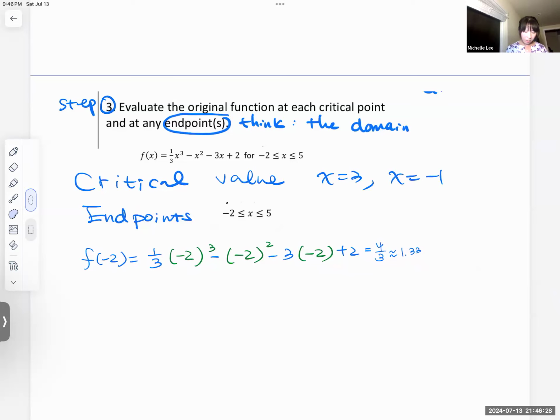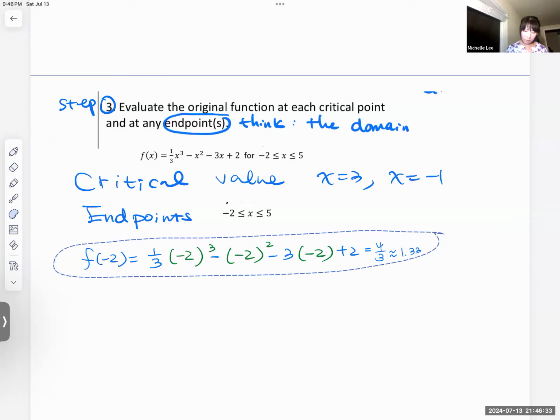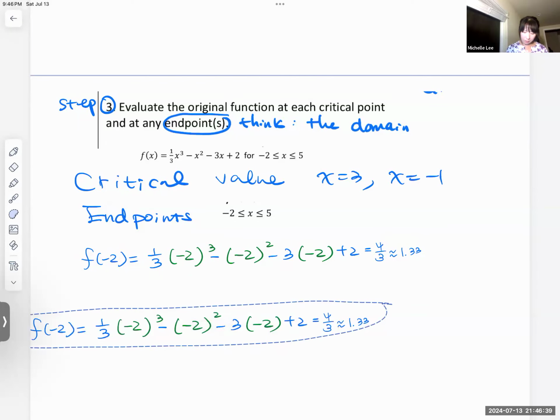Okay, now I just want to copy, rewrite, copy, paste.